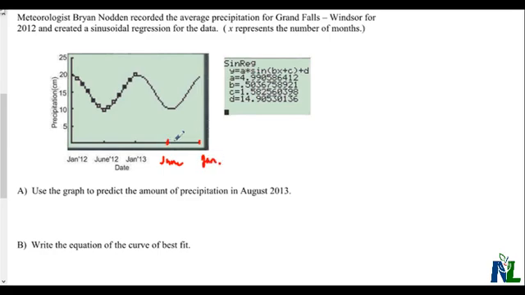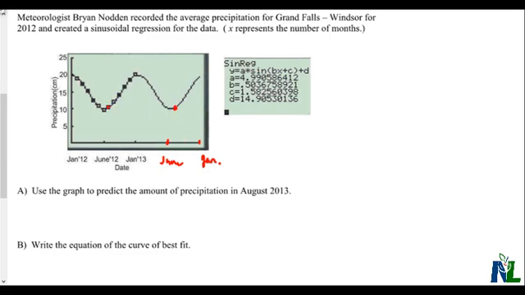So August is going to be roughly a little bit less than halfway between these two. June, July, August, September, October, November, December, January, we're looking at somewhere around here. That really corresponds to, say, this value here.